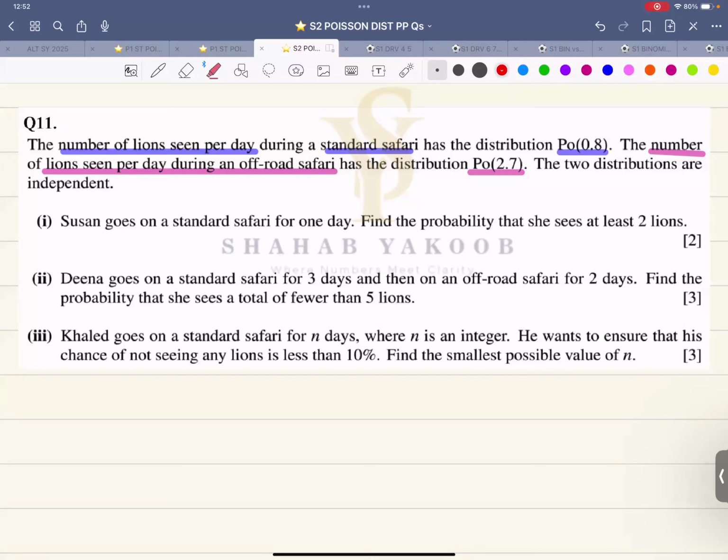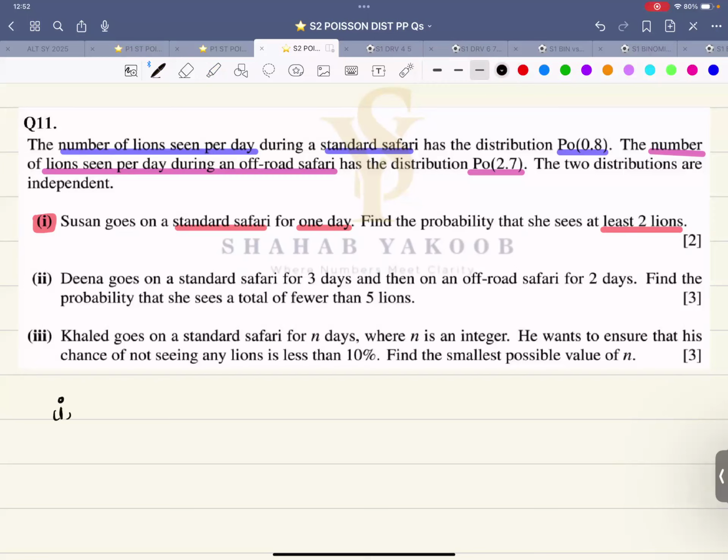Now the first part, it says Susan goes on a standard safari for 1 day. So that means the value of lambda is 0.8. Find the probability she sees at least 2 lions. So now I'll just write down the steps. First thing first, that is part 1.